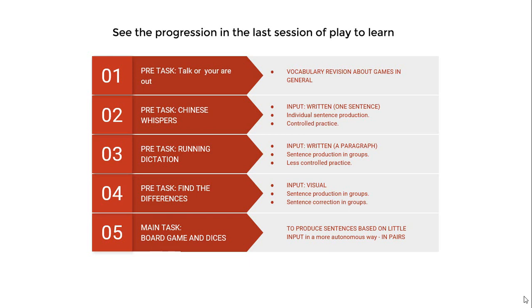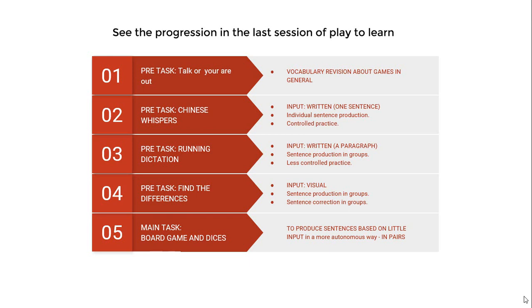So number 1, it was just a pre-task of general vocabulary revision about games. In task 2, students had to read an input, okay, of 1 sentence, come to their group, and the whole group was going to be able to engage in sentence production, but it was just at a single sentence production. Number 3, the running dictation.